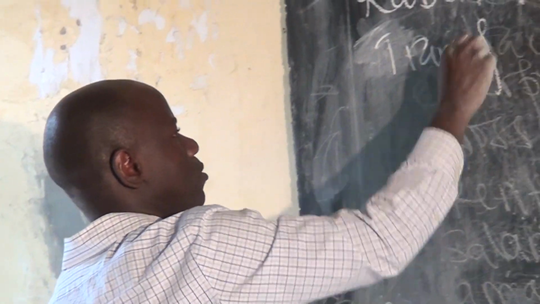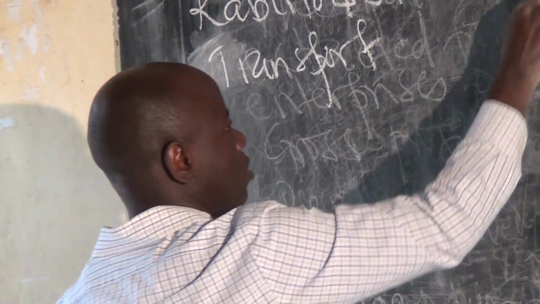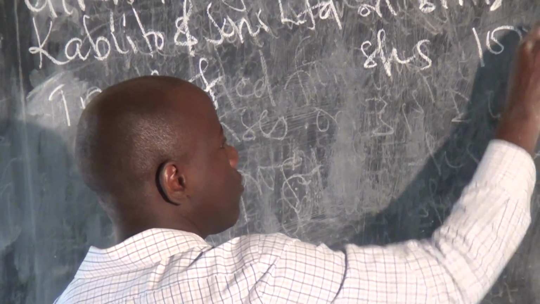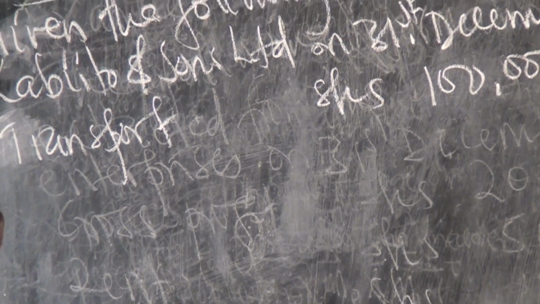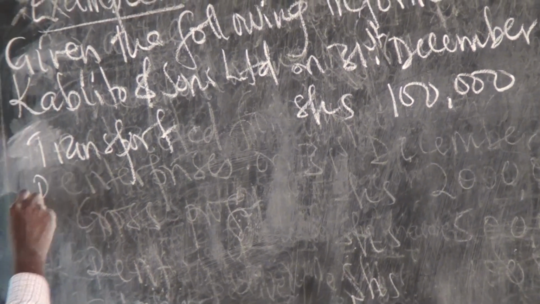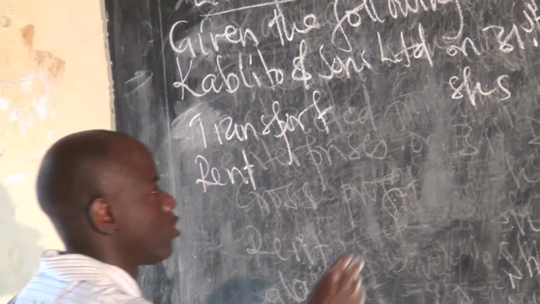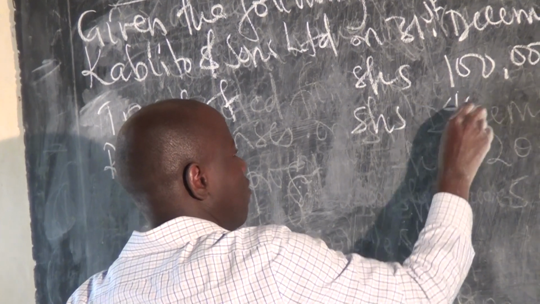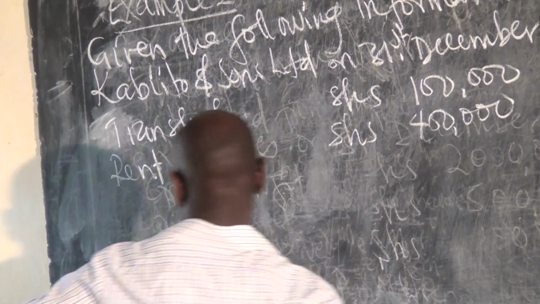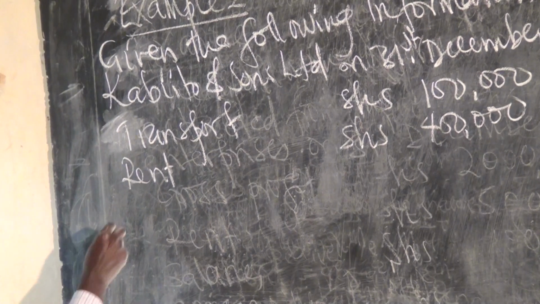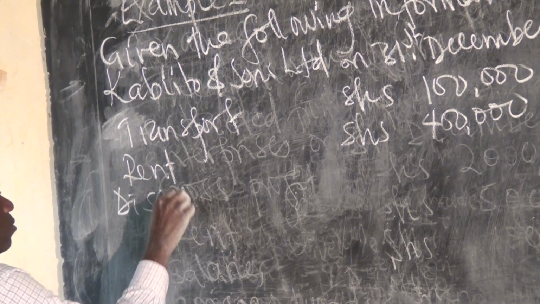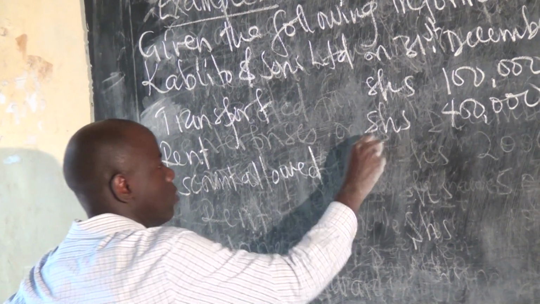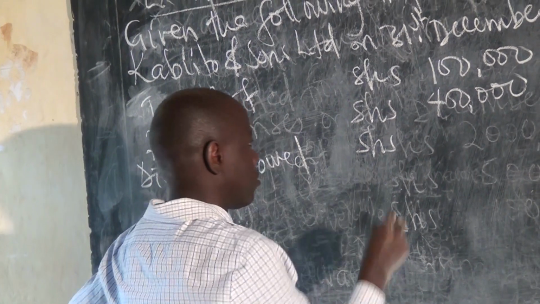Transport, shillings 100,000. Rent, shillings 100,000. Discount allowed, shillings 200,000.